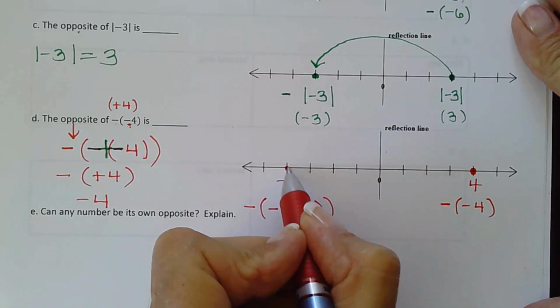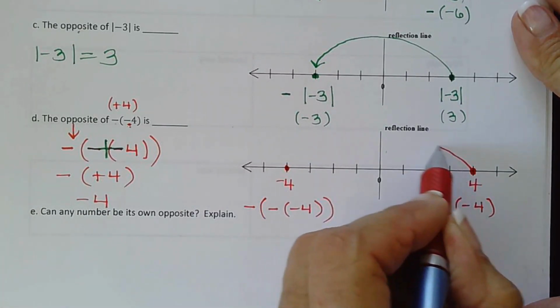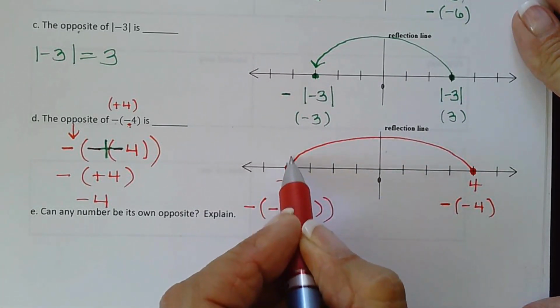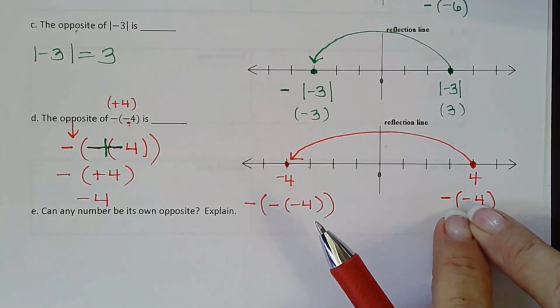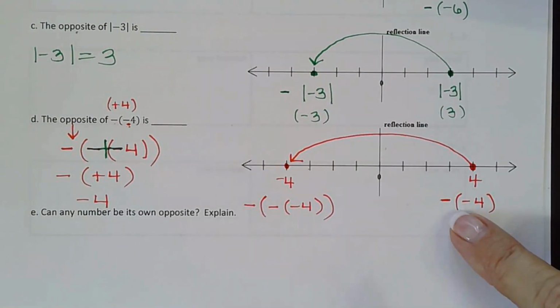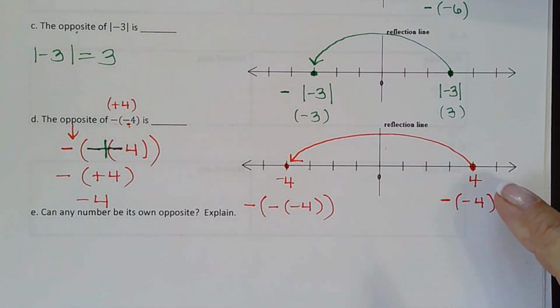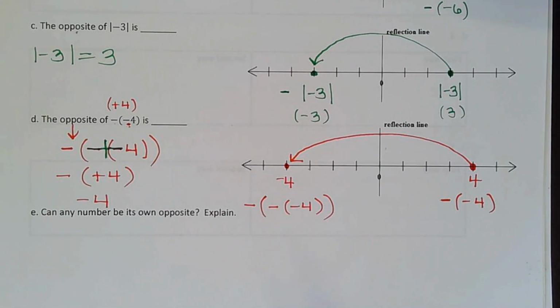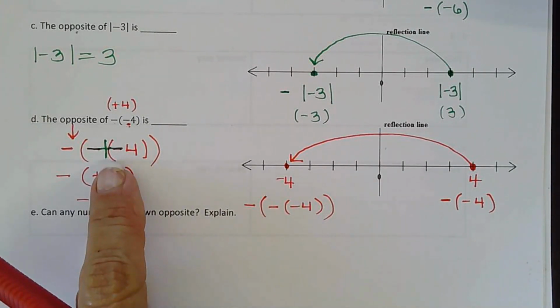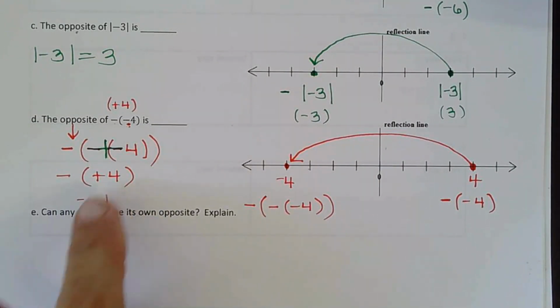You can see the verbiage gets a little bit tricky, but you just have to do one step at a time. Start with this. This really means positive 4 because a double negative is always positive. So 4, its opposite is negative 4. We can see that with the math there. That turns into 4, the opposite of positive 4, negative 4.